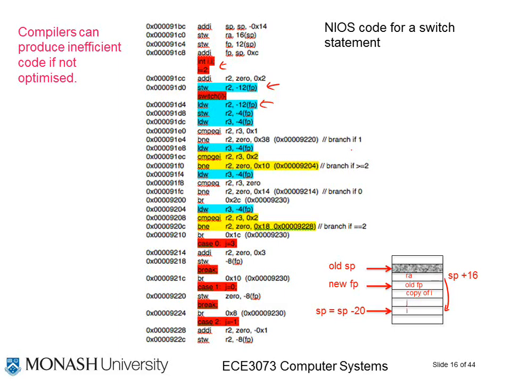Similarly, what is wrong with these two bits in yellow? Here I'm comparing registers and I'm branching if greater than or equal to, and then further down I'm branching if equal to 2. Can anyone see any problem there? Yeah, this one will never happen. So what should I do with this code?